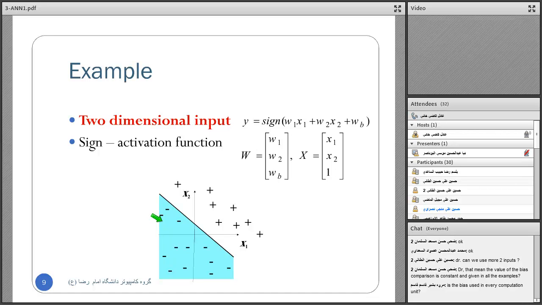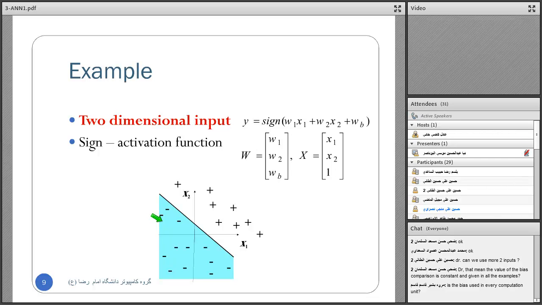Some of the questions you see: the number of inputs in the computation unit depends on the number of inputs in our data. If we have 5 inputs in the data, then in the computation unit we should have 5 inputs.